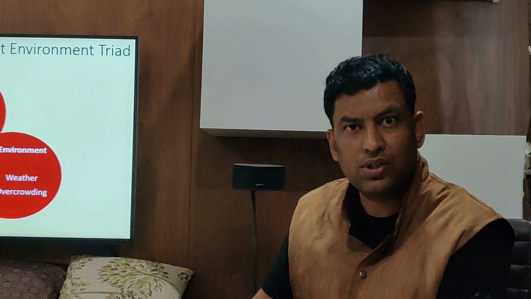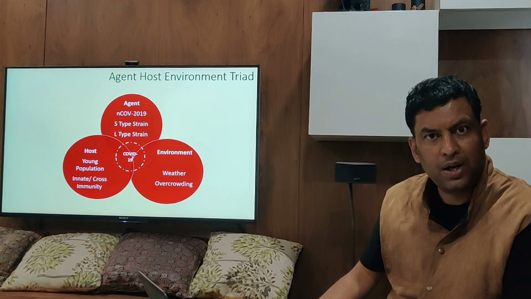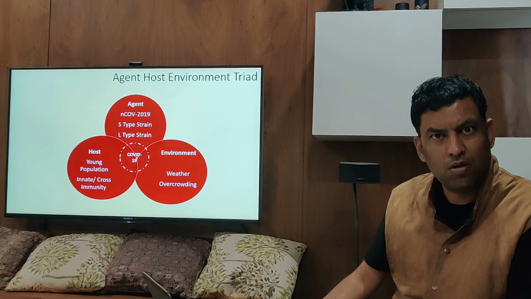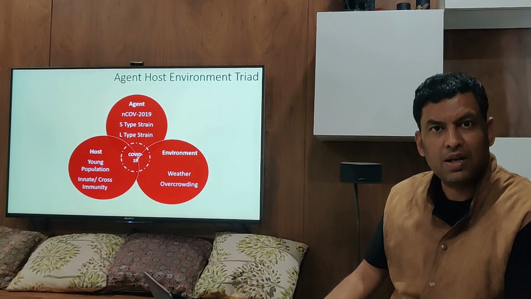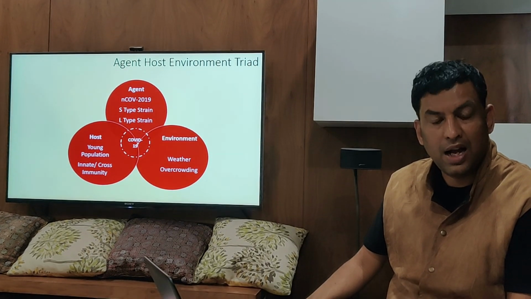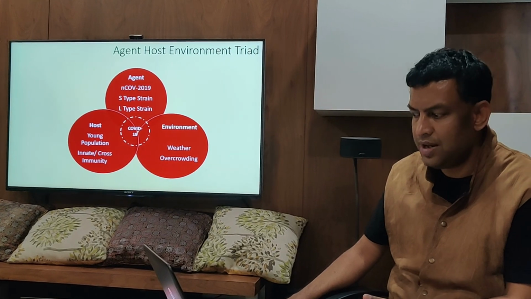Now let's look at the host side. What are the factors that play out for India? A very young population, we have talked about this previously also, that more than 90% of the population is largely below the age of 60, compared to something like Italy where almost 30% of the population are above the age of 60.